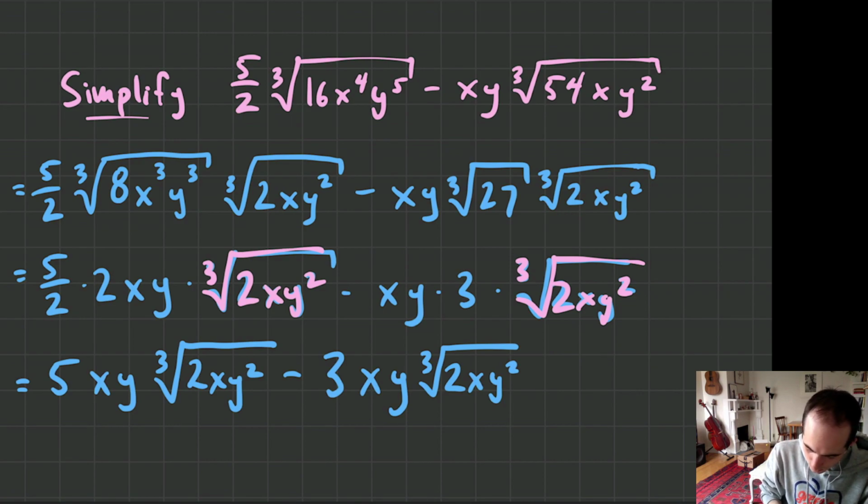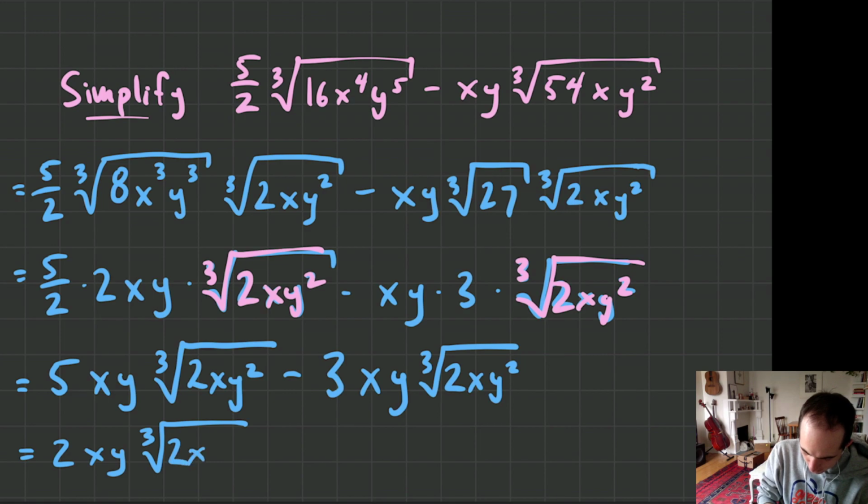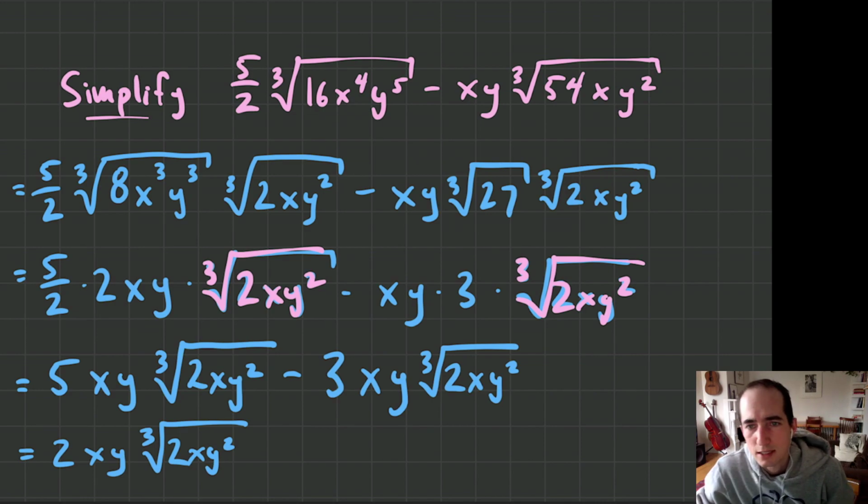So I've got 5xy. And I should also point out that these are like terms too, the x and the y. So I don't even have to worry about adding and subtracting variables. So I've got 5xy minus 3xy, which is just 2xy. 2xy times the cube root of 2xy squared. And that worked out pretty nicely, actually. I think that was a nice example.